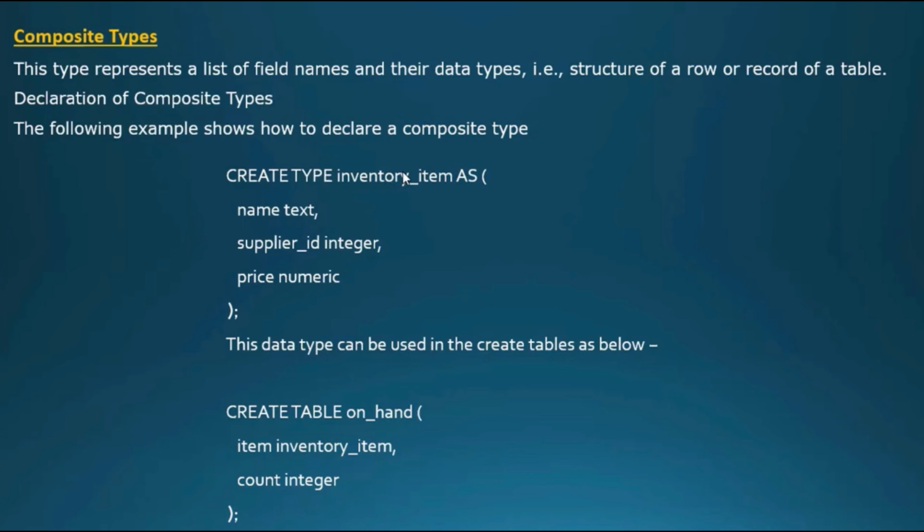This type behaves like a custom data structure. And next we use the composite type in a table. So here we also have item inventory item, like a single column that stores multiple attributes together. And count integer, it stores the quantity available. It makes the table design clean and modular.